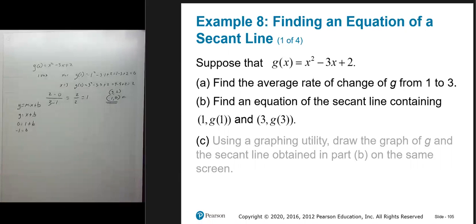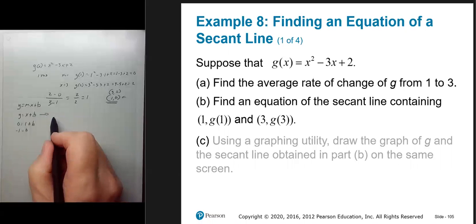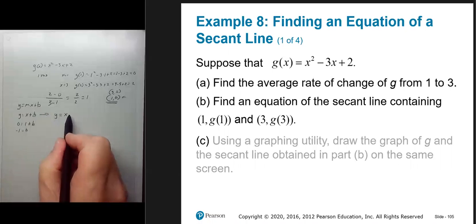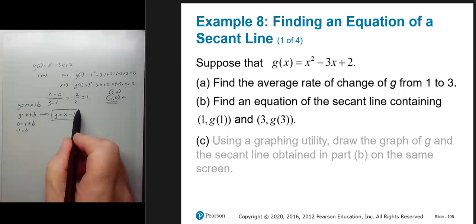Well, negative 1. So subtracting 1 from both sides gives me negative 1. And so this now becomes y equals 1x minus 1, because the plus b gets replaced with the minus 1. And this is the equation of the line we're looking for.